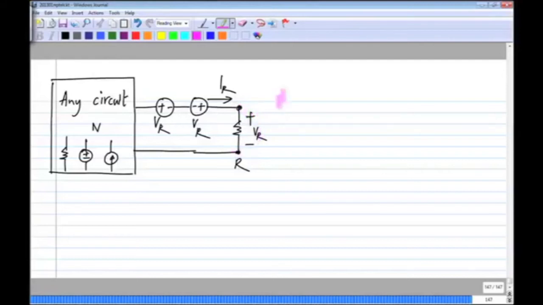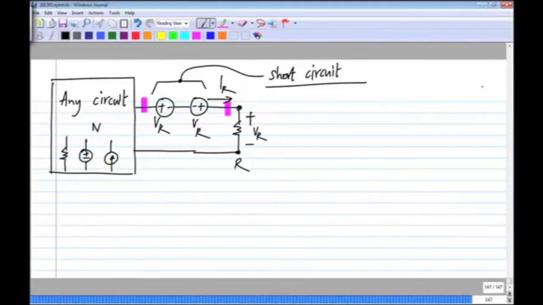Okay, so now clearly this voltage will be the same as that voltage, and essentially this combination, two equal and opposite voltage sources in series, is nothing but a short circuit. Okay, so nothing has changed in the circuit.